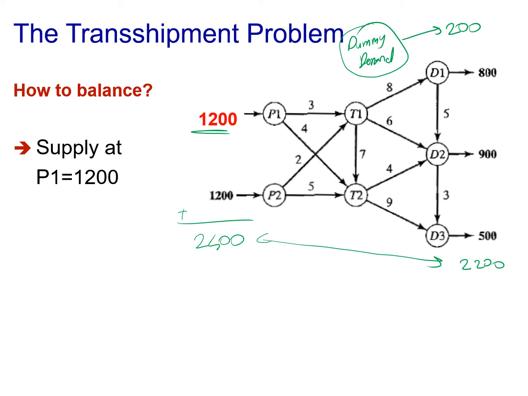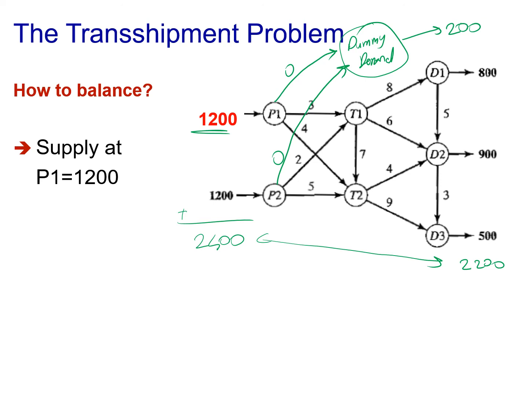So in this example, I have only these two supply points, P1 and P2, and their associated cost will be 0. By the way, in the previous example, if there is a penalty cost of not satisfying a demand, then the costs associated with the dummy supply point will not be 0, but it will be equal to the penalty cost.